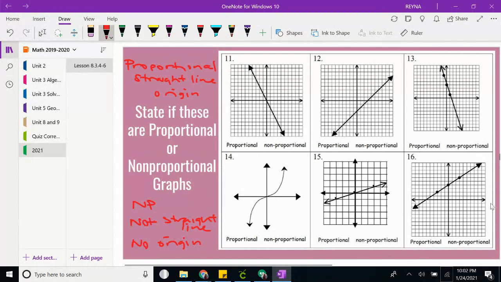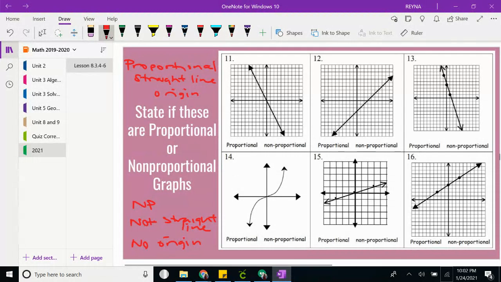Okay, so number 11, what do you think? Proportional or non-proportional? Number 12, what do you think? Proportional or non-proportional? Number 13, proportional or non-proportional? Number 14? Number 15? And number 16.